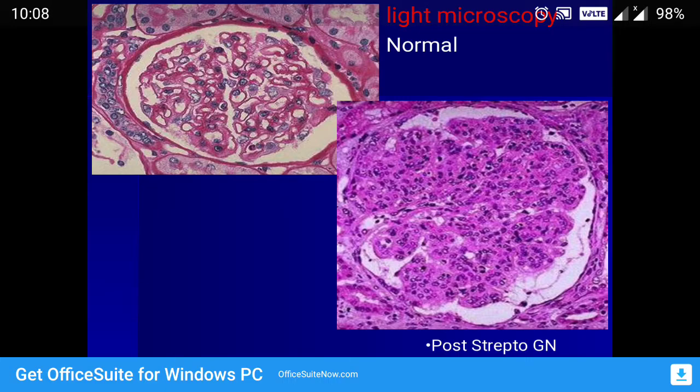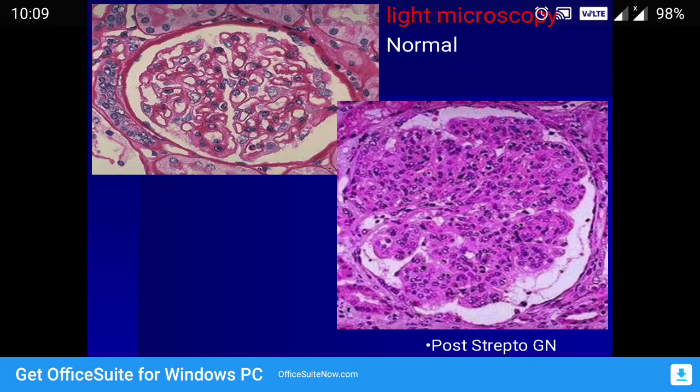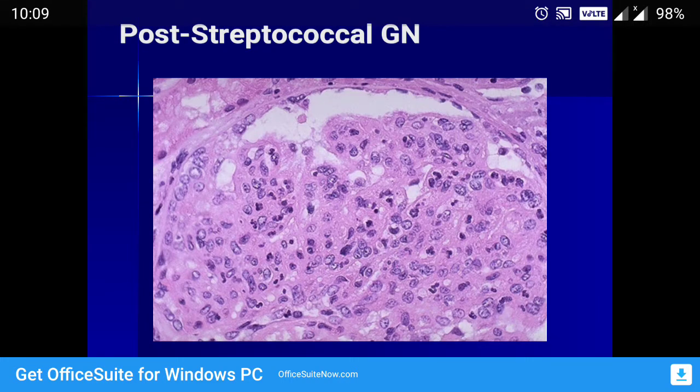This is also called post-streptococcal glomerulonephritis because this disease is seen after a pharyngeal infection, pharynx or skin infection caused by streptococcus. After the infection there is involvement of the kidney, so that's why it is called post-streptococcal glomerulonephritis. You can see one more diagram showing increased number of cells in the glomerulus.